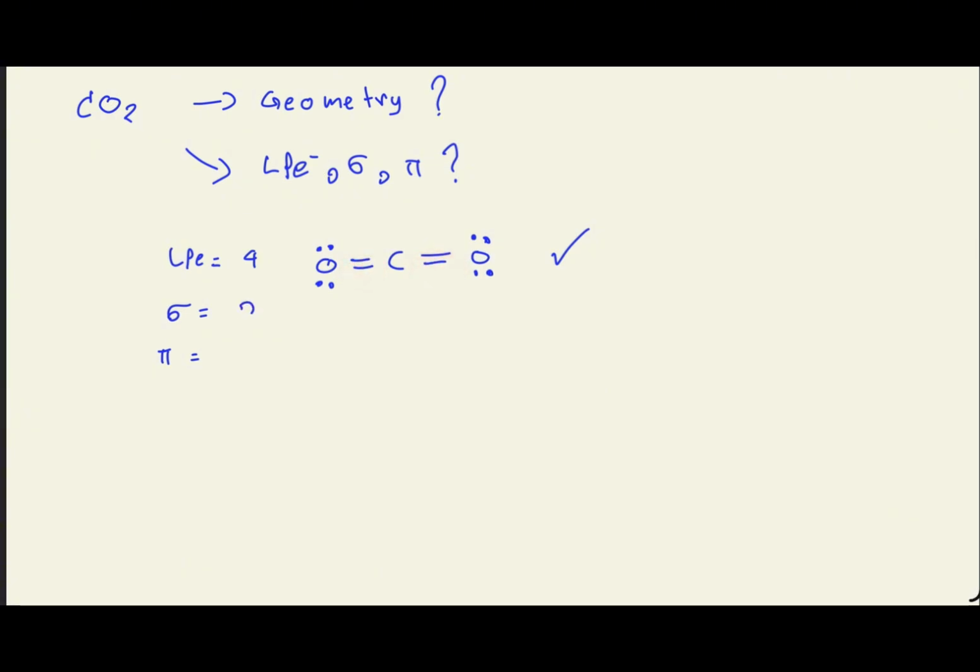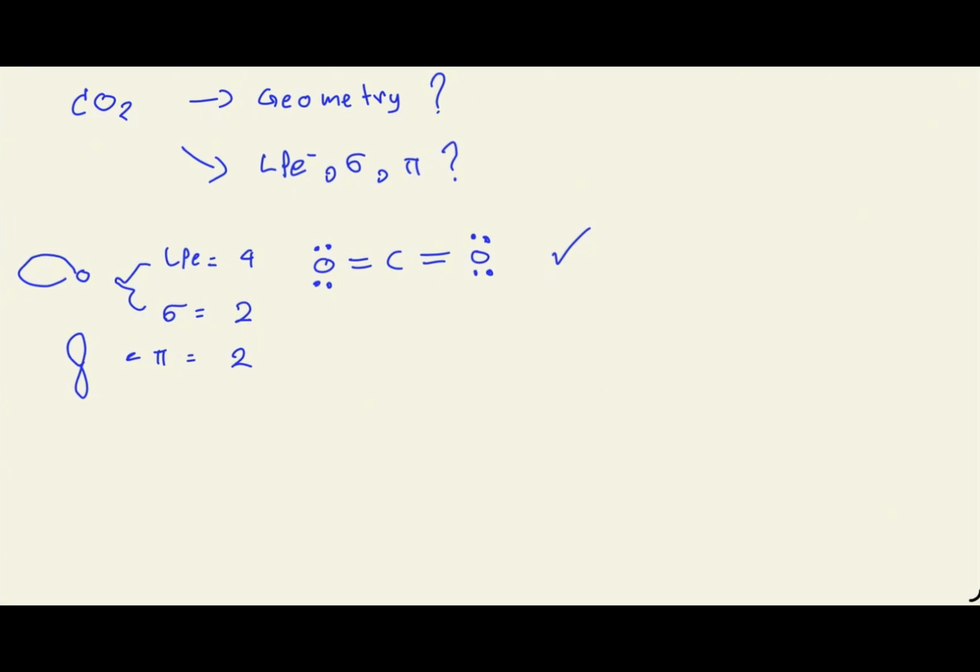And for pi bonds, we count from the double bonds. So we have 2 pi bonds. Sorry, we have 2 double bonds. And like I said, these will use hybrid orbitals, and this one will use a pure p orbital, which is the dumbbell shape.